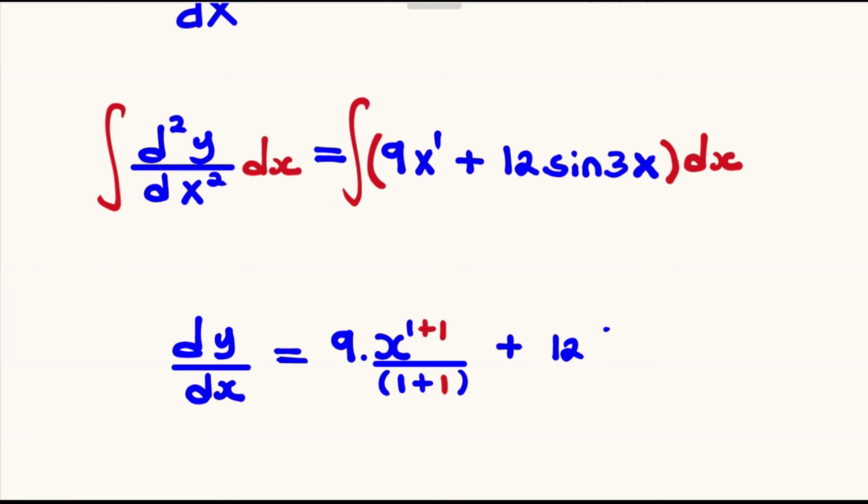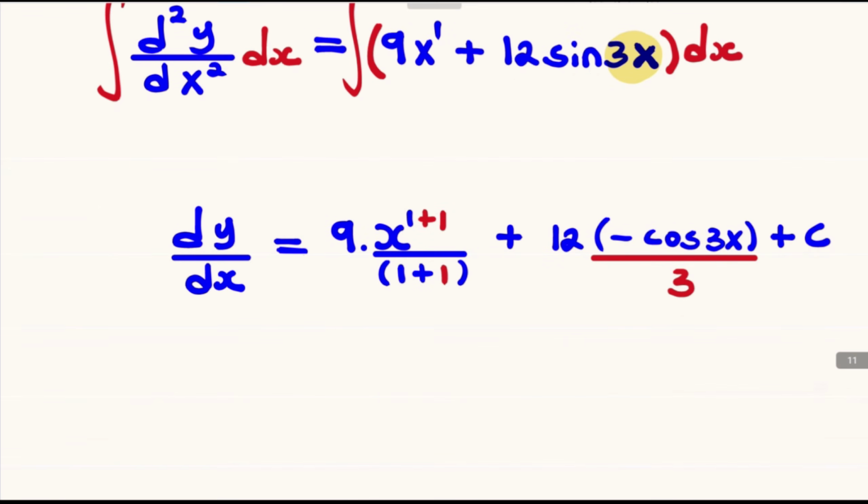The integral of sin 3x will be a negative cos 3x. Remember, when we were differentiating, we were multiplying by the derivative of the 3x. The derivative of the 3x is 3. We are integrating, so we divide by the 3, plus the constant c. Let's simplify.